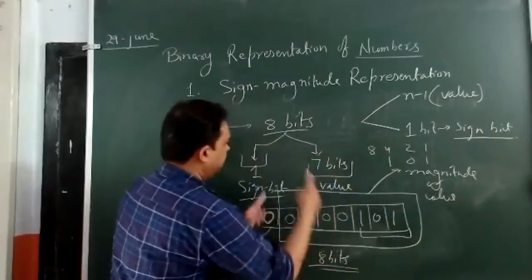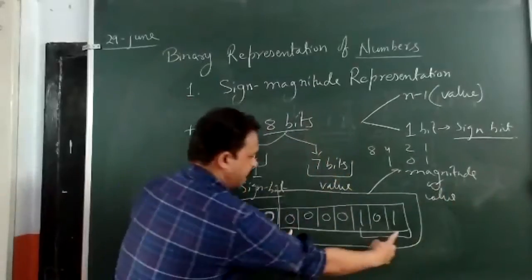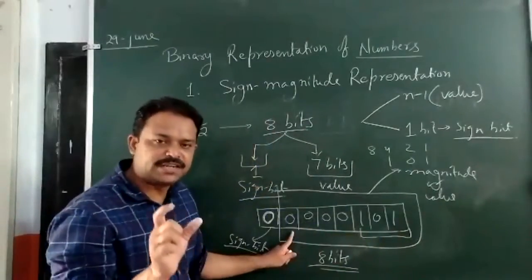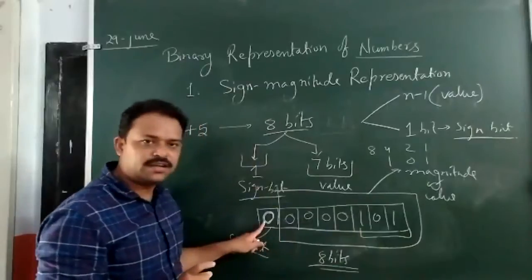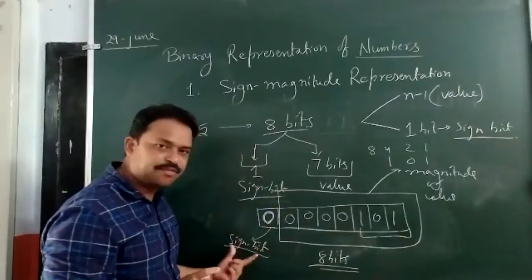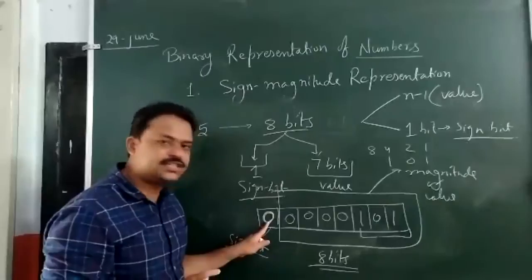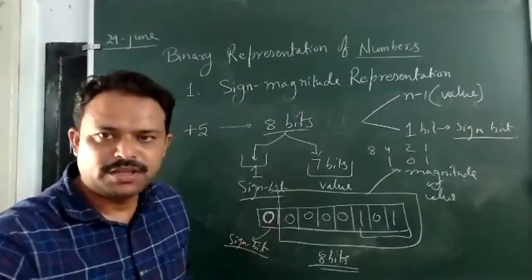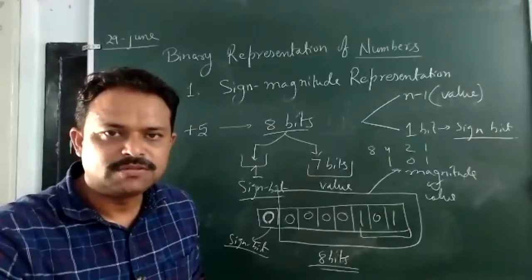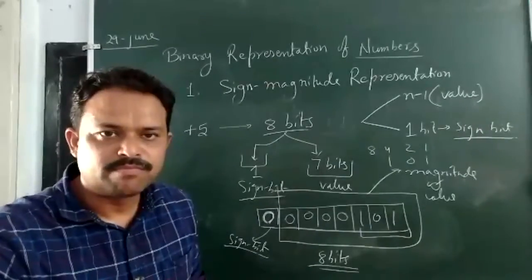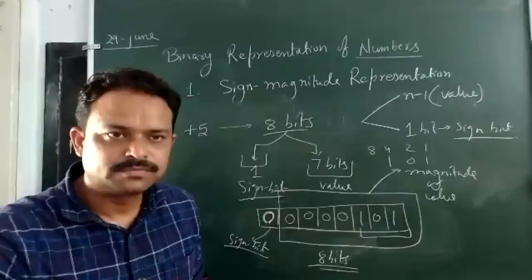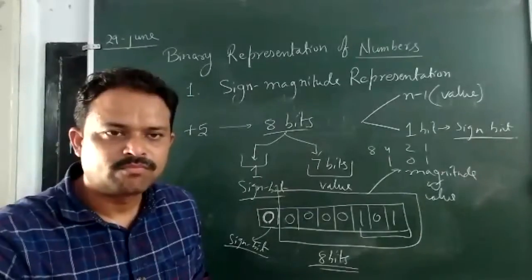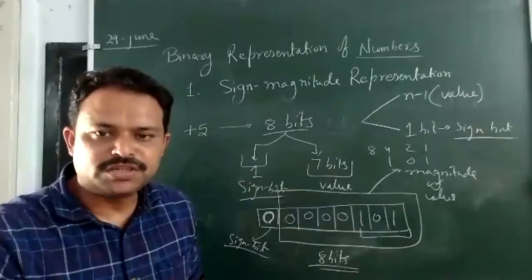It means in 8 bits, 7 bits I have used for representing 5, and the last bit is reserved for the sign bit. I have written 0 here. Any confusion?